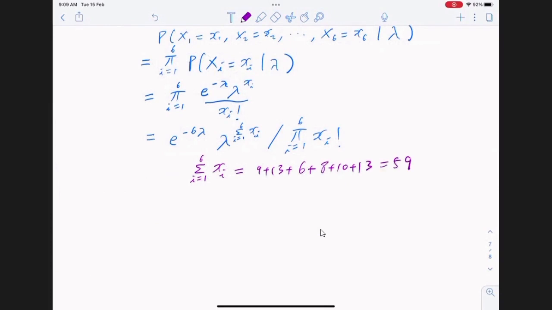Based on the observed sample, we can compute the sum of the observed values. We get 59. That's the sum.